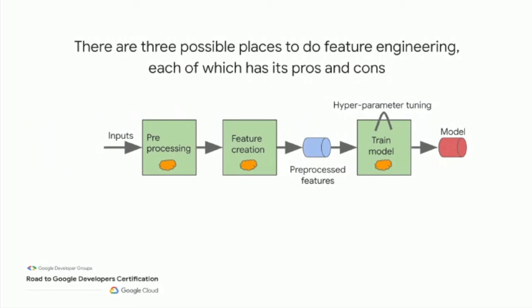Okay, so where do we do the feature engineering, which is the stuff that we've been talking about? There are three possible ways. Each of those ways has its pros and cons. So let's have a look at that. Let's say we have the inputs. We do some pre-processing. We create the features. Then we pre-process the features, and then we train the model.